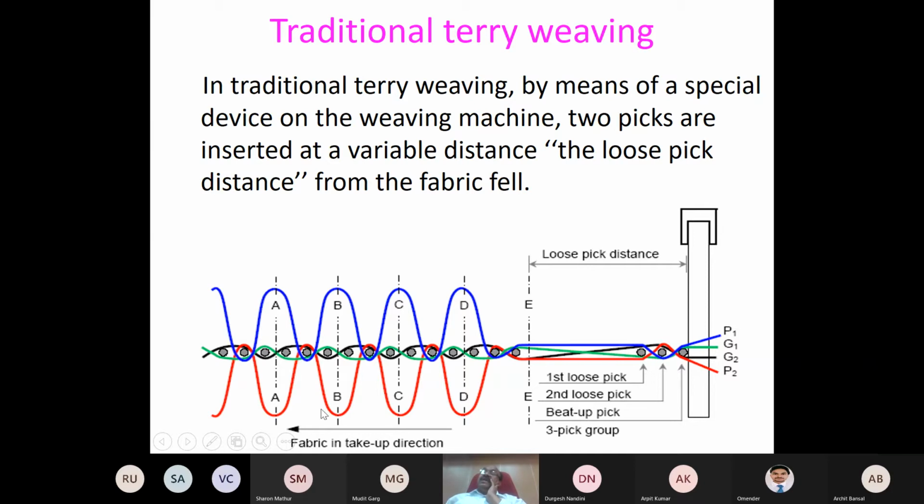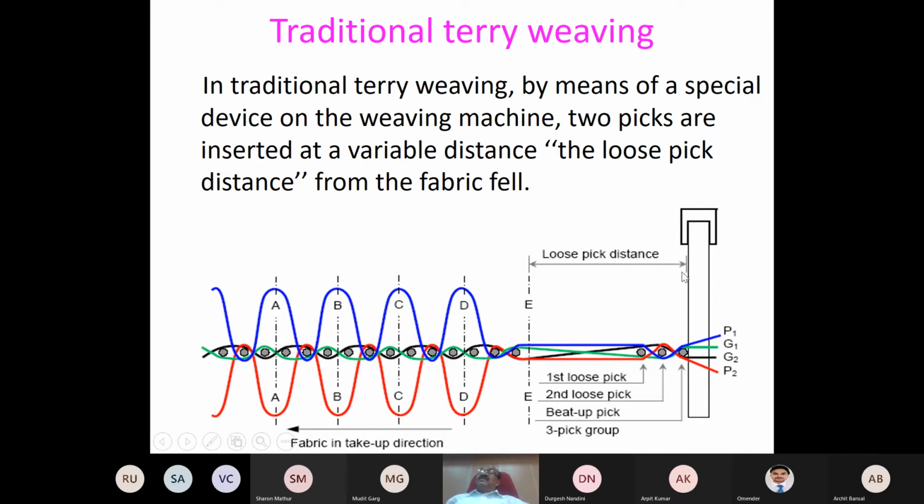The distance between the fell of the cloth and the third beat-up pick is called loose pick distance. We will discuss more detail on this a little afterward. Remember, the distance between the third pick, this is the beat-up pick, and the fell of the cloth is called loose pick distance.